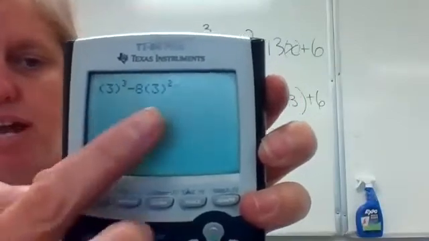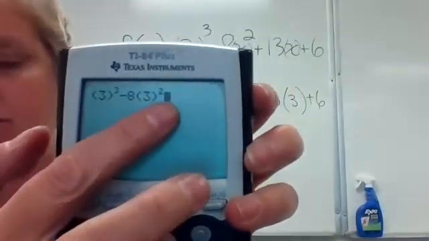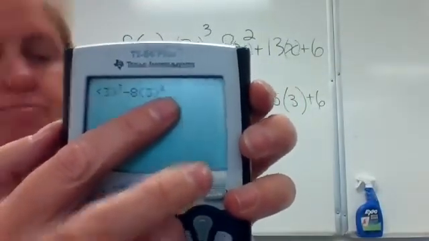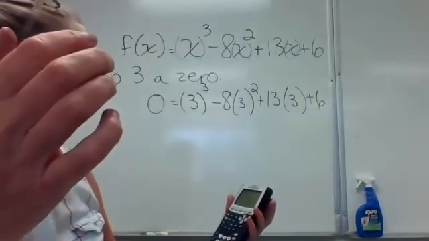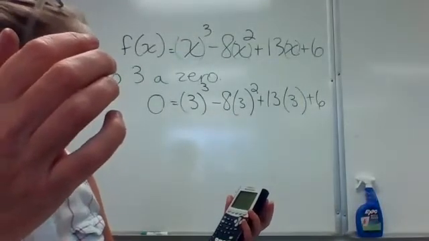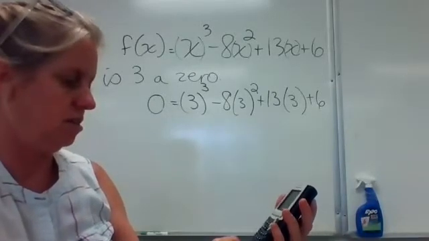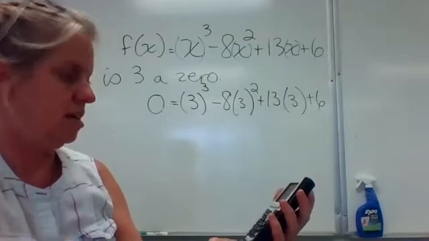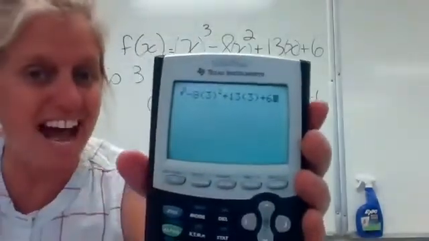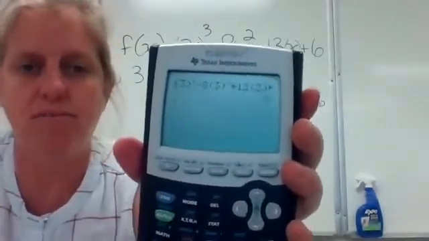It puts the exponent up there and brings you back down to the regular spot. So minus 8 times 3 squared plus 13 times 3 plus 6. So again, I just typed in exactly what was on the board and hit enter.